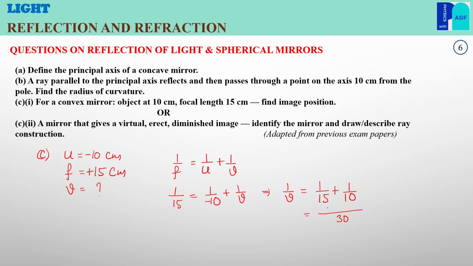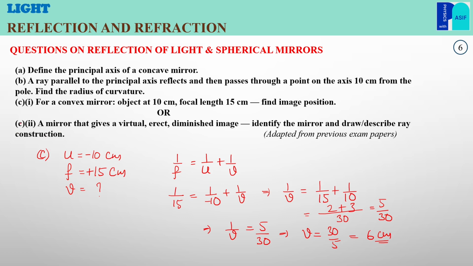So 15 goes 2 times, therefore 2, and 10 goes 3 times, that is 3. Therefore 1/v = 5/30, and if we take the reciprocal, v = 30/5 = 6 centimeter. Therefore, the image is formed 6 centimeter behind the mirror.